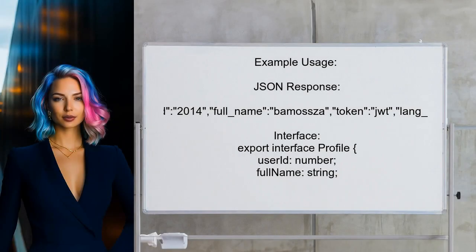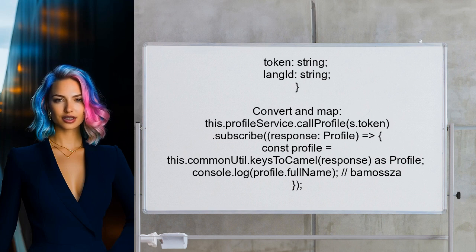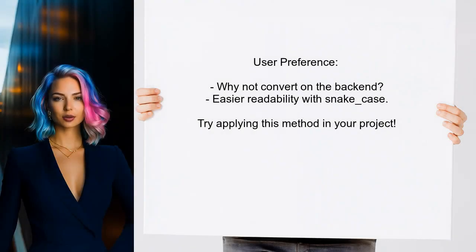When receiving JSON data from the backend, the user demonstrates how to convert it to the defined interface. For example, they show how to call a profile service and map the response to the profile interface using the keys2camel function. The user prefers not to convert to camel case on the backend, stating that snake case is easier to read. They encourage trying this approach in your own project.